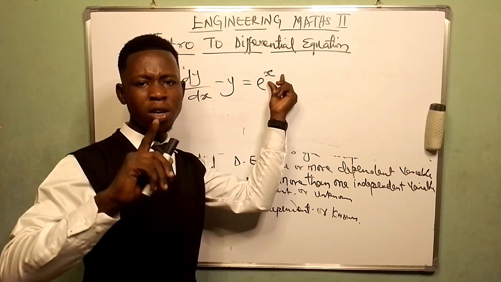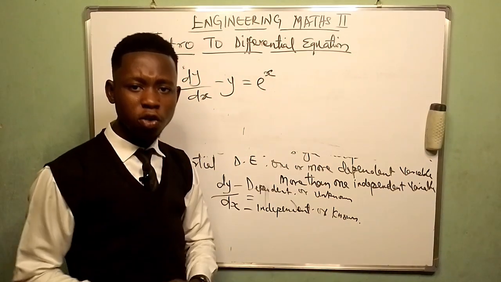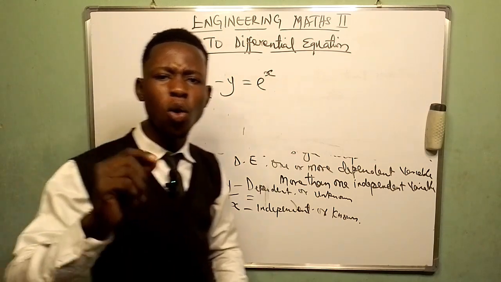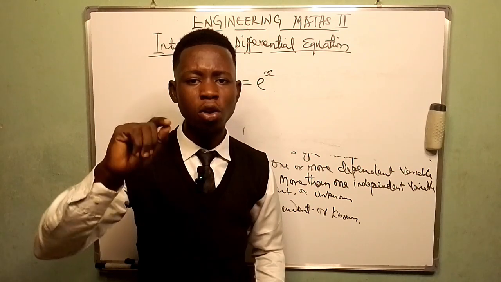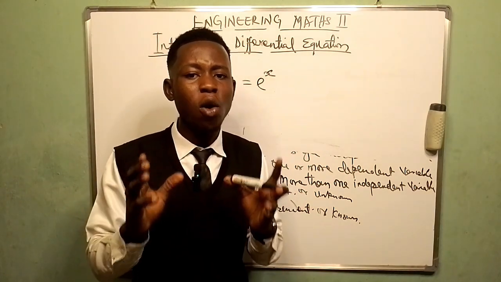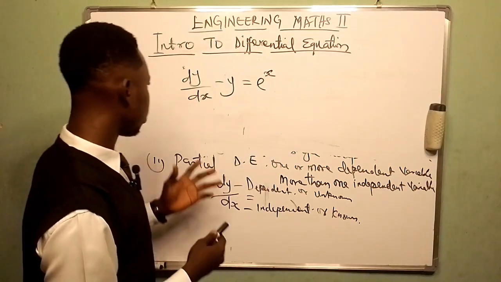Now why is it called an ordinary differential equation? Because the dependent function depends on only a single independent function or independent variable for it to be called an ordinary differential equation. Now I'll also give another example.